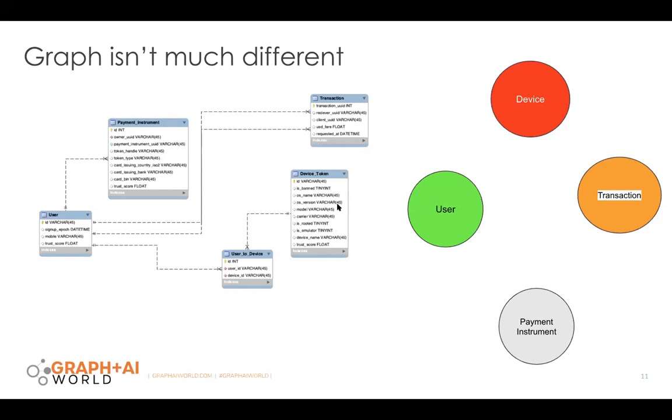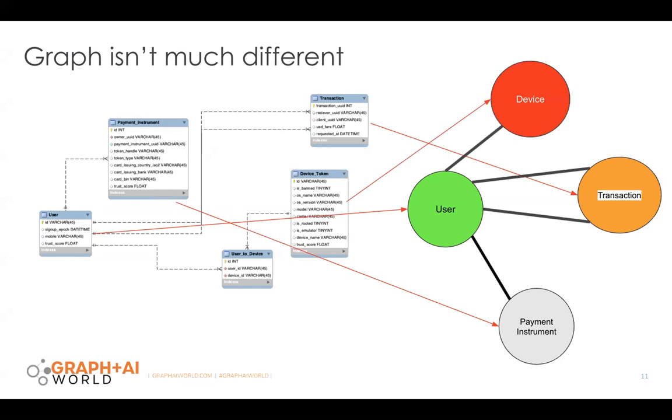All the attributes on the tables can directly be passed on to these nodes. So we will create 4 nodes, as you can see. And all the foreign keys between them will be turned into edges: user to user device relationship, user does a transaction edge, user receives a transaction, user uses a PI, payment instrument.